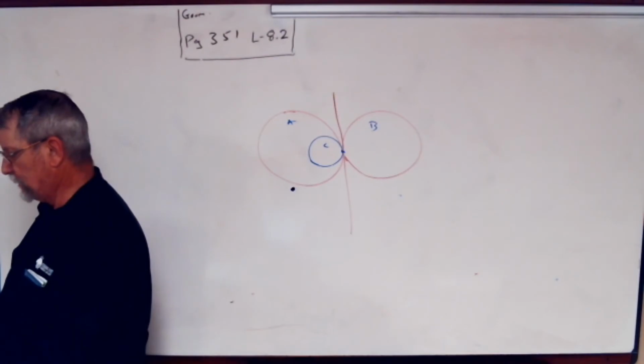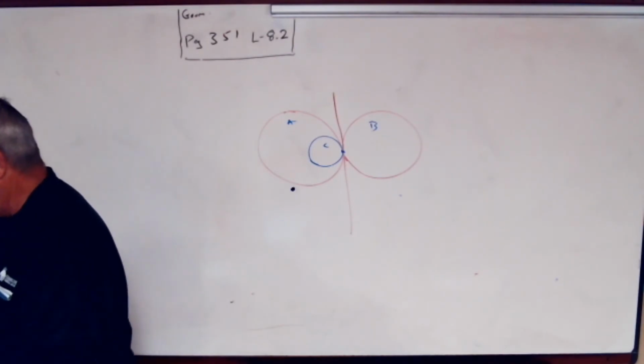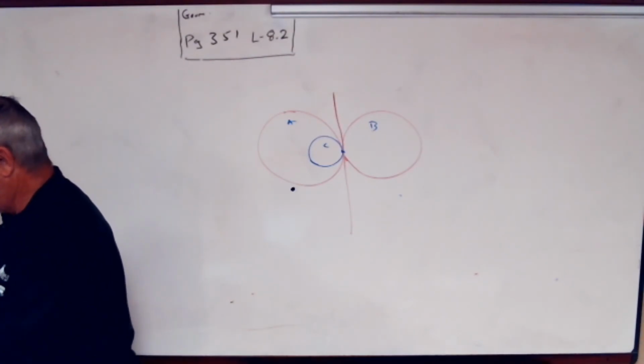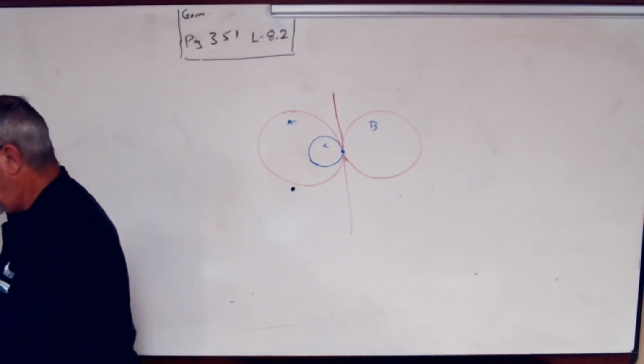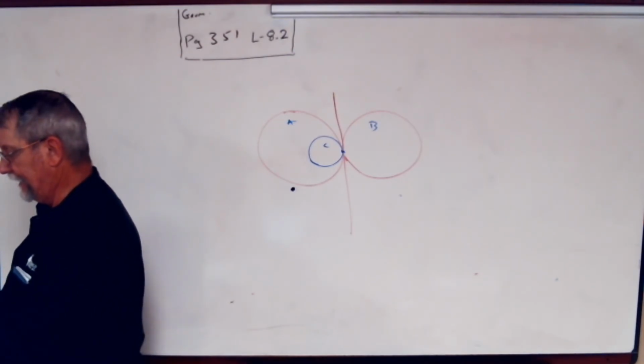Name the common internal tangents in figures A and B. On A, name the common internal tangents in both figures A and B. All right, so for the common internal tangent on A, it would be line A and line D. You see those little letters on the line? Line A and line D are internal tangents. Line B and line C are external tangents.